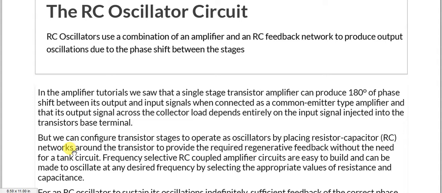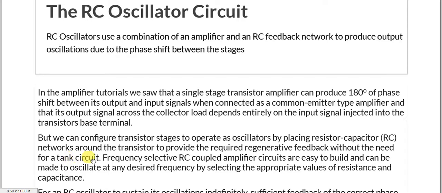But we can configure transistor stages to operate as an oscillator by placing a resistor capacitor RC network around the transistor to provide the required regenerative feedback without the need for a tank circuit. In this circuit, we don't use the LC tank circuit.